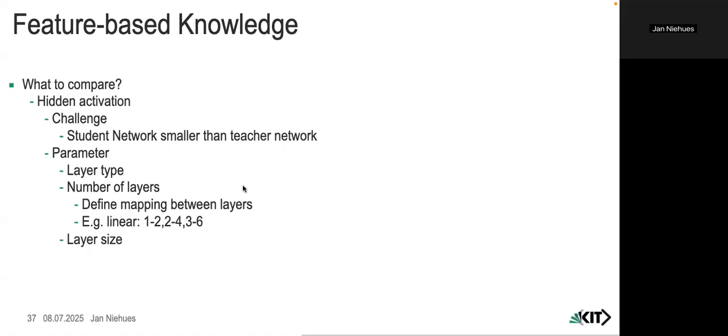And what typically happens there is that you have to define some type of mapping by hand. So where do you want to do the knowledge distillation? Typically that's very straightforward. You do some type of linear mapping, for example. So if you're saying, oh, my small model has half the number of layers, you maybe do the first and the second should be the same, the second and the fourth, and the third and the sixth, and so on.